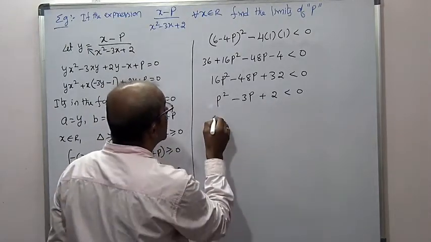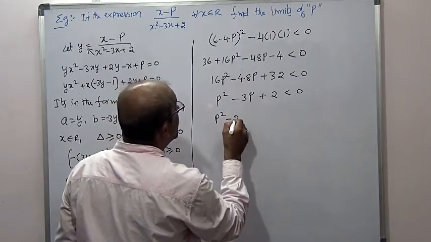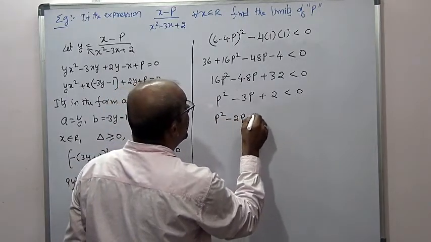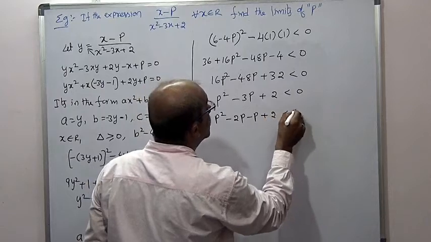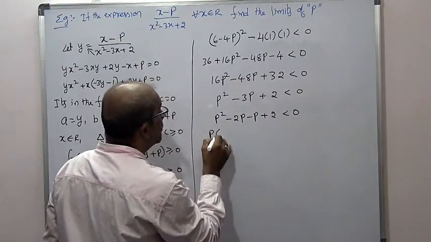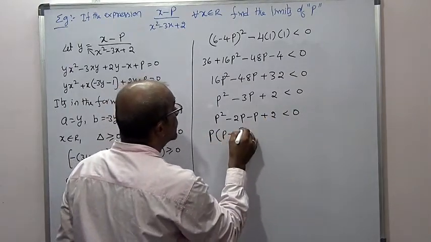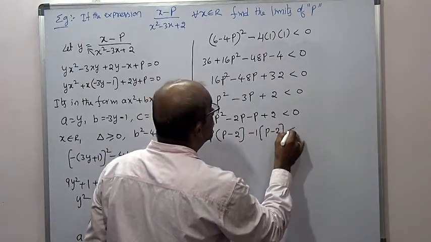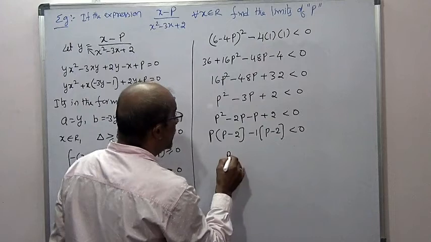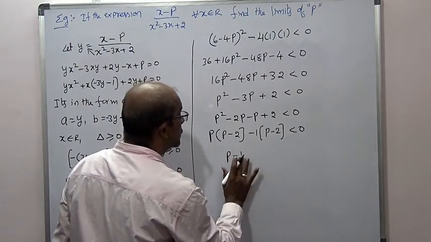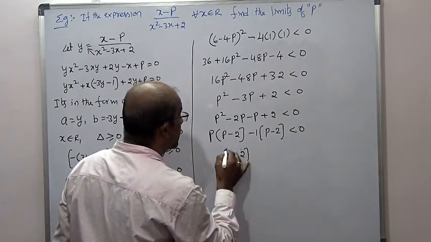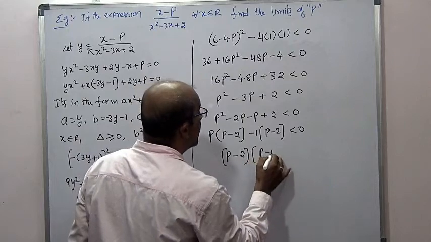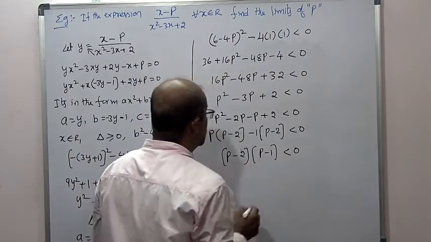Now the factors are p square minus 2p minus p plus 2 less than 0. Take p common, p minus 2, minus 1 take common, p minus 2 less than 0. Again p minus 2 take common, so (p minus 2)(p minus 1) less than 0.